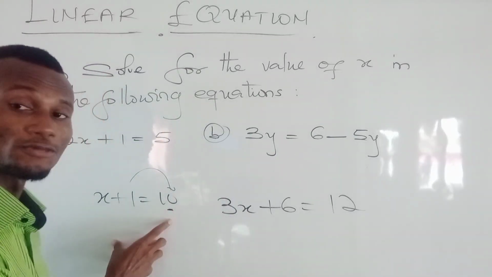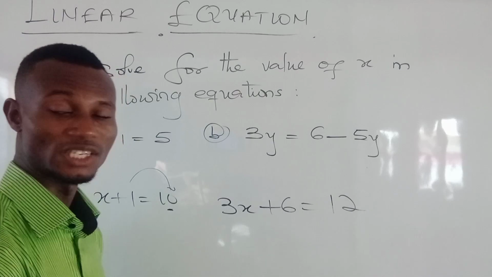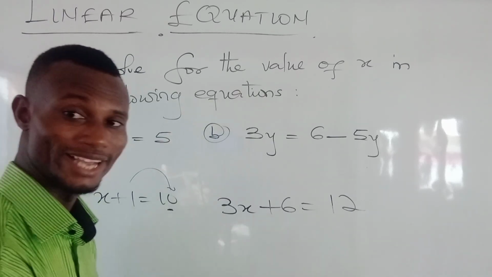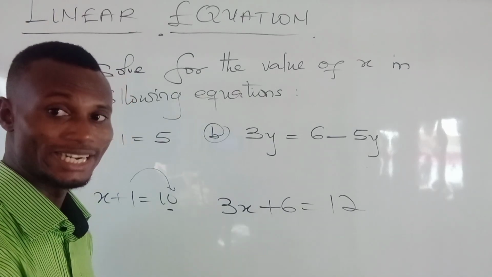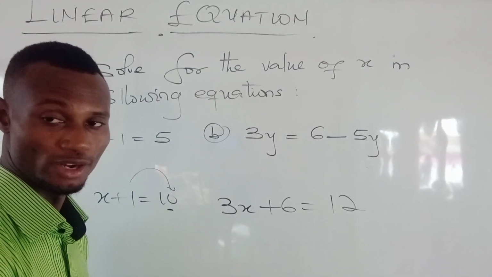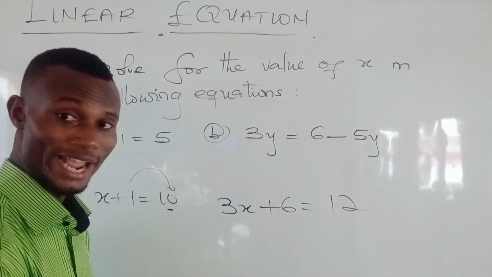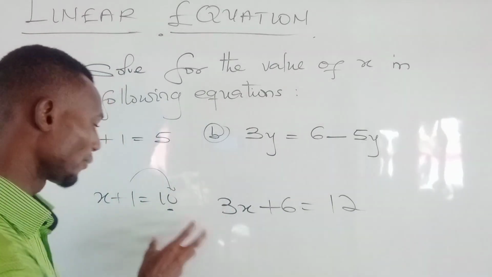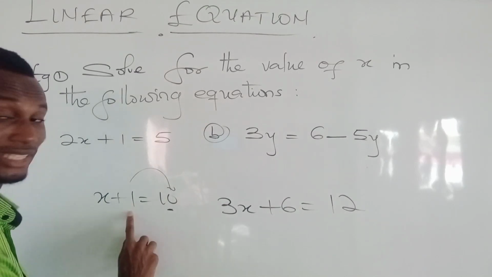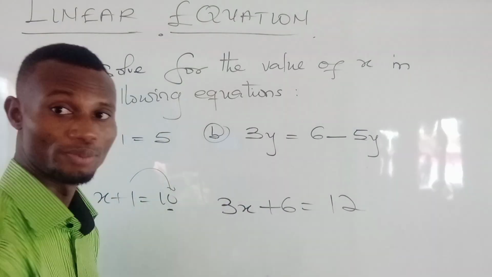Solving for s means we are making s stand alone, so anything that is attached to s, we will move it away. That's how we solve for the value of s. With this one, the positive 1 will move away and come and join the 10. It's like grouping like terms.